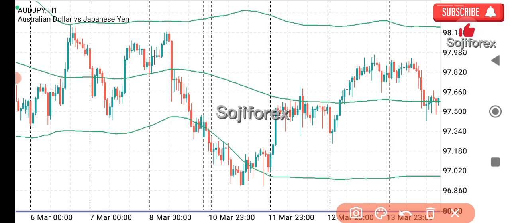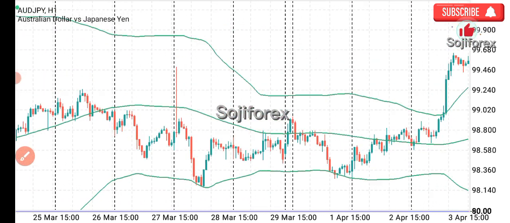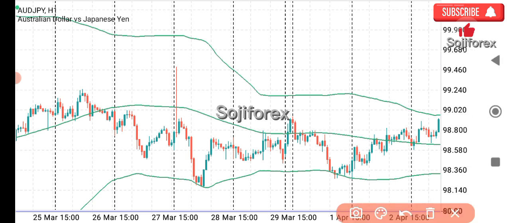And if you are looking for a continuation, you pay attention to the middle Bollinger Band. This thing is very, very simple and it is working. It has been back tested, it has been proven. Pay attention to each of these things, you will see them form. This is another one.